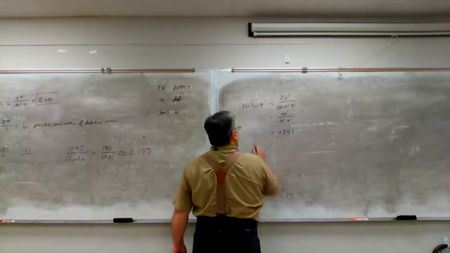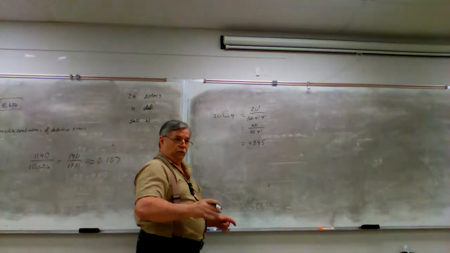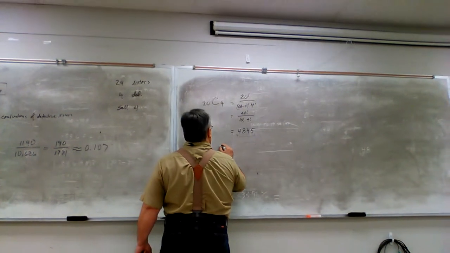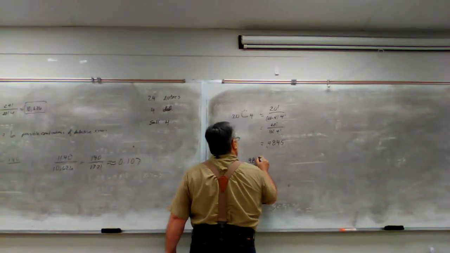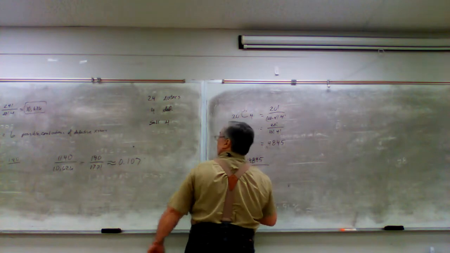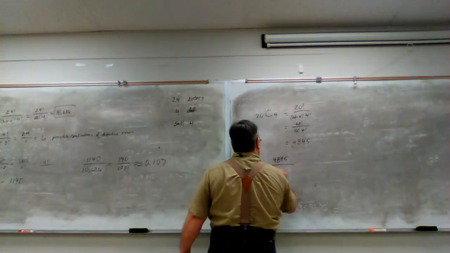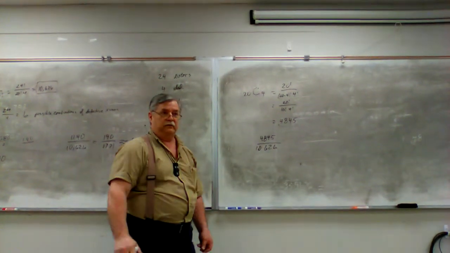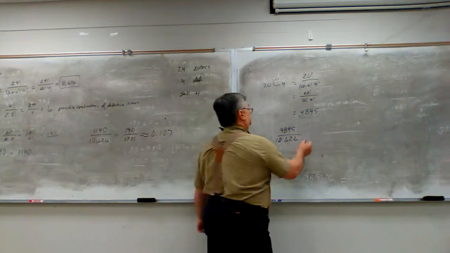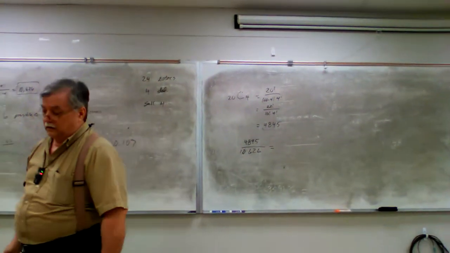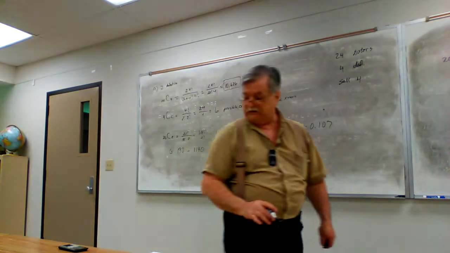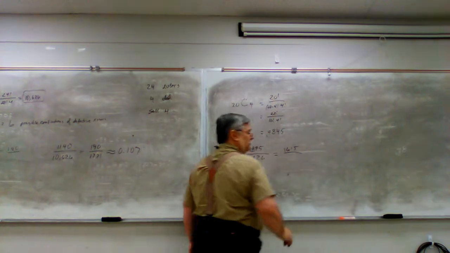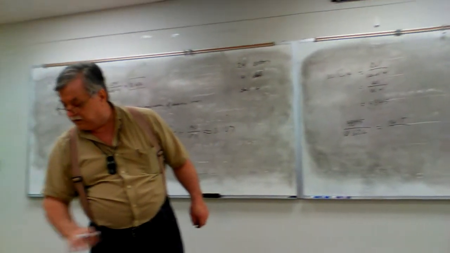So the probability of choosing four transistors at random with no defective transistors is 4,845 chances in 10,626 possible combinations, which, according to the book, reduces to 1615 over 3542.